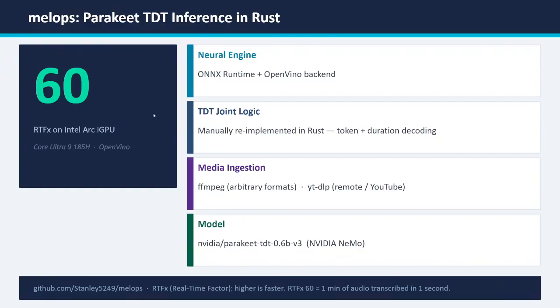Running directly on an Arc integrated GPU, I completely rewrote the TDT joint logic from scratch in Rust without relying on the original NeMo framework. By integrating FFmpeg and yt-dlp, it can download and transcribe YouTube videos natively. Running on an Intel Core Ultra 9 processor, the real-time factor hits 60. This means 1 minute of audio is processed in exactly 1 second.